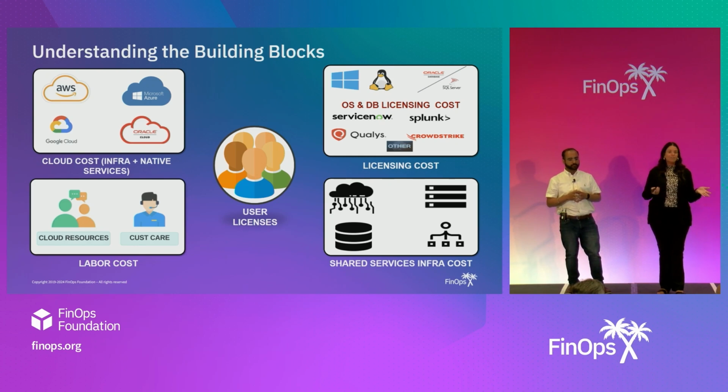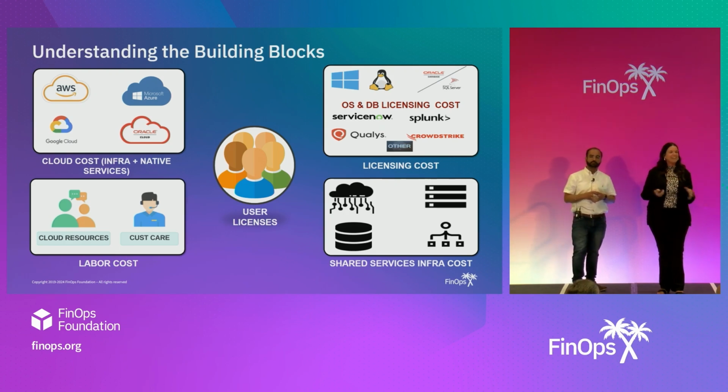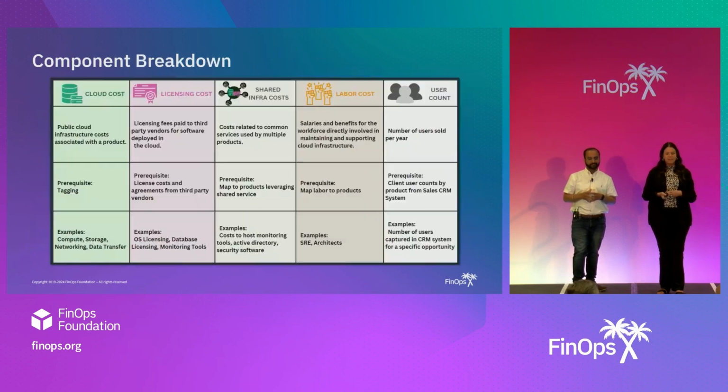Labor costs, that's your resource cost. So it's the cost of those SRE teams, solutions architects, my team, customer care. And then the shared services infrastructure, that's that shared infrastructure that we're leveraging a lot of times to host those third-party products. And then the user licenses, again, is that denominator.